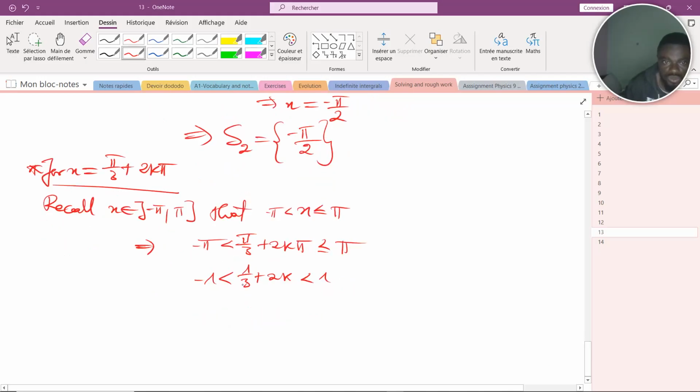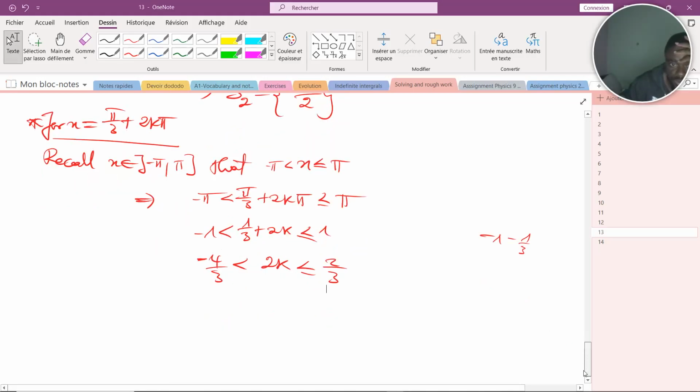From there I'll subtract 1/3 from both sides. This will give me 2k strictly greater than minus 1 minus 1/3, so I'll have minus 4 on 3, less than or equal to 1 minus 1/3, which is 2 on 3.